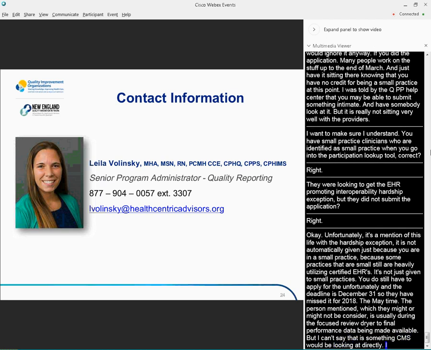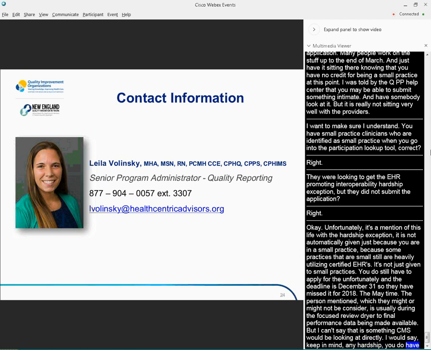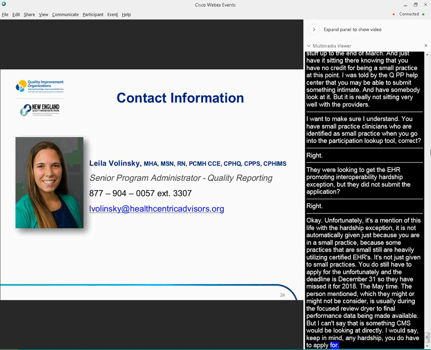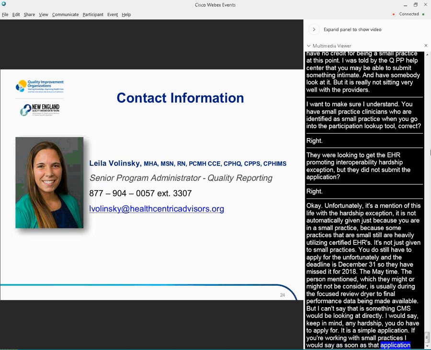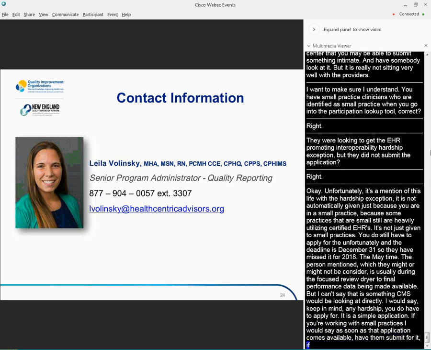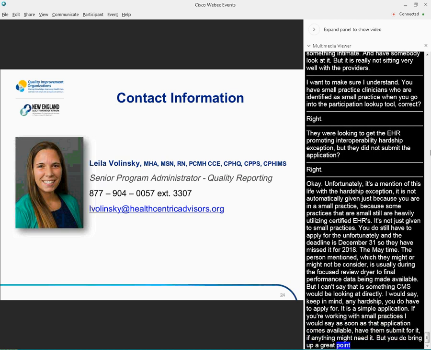It's a really simple application. If you're working with small practices, as soon as that application comes available, just have them submit for it if they think they might need it. But you do also bring up a great point that you can enter data and completely negate that entire exclusion. So just keep all of those little things in mind, but I'm sorry, I don't have a better answer for you on those.